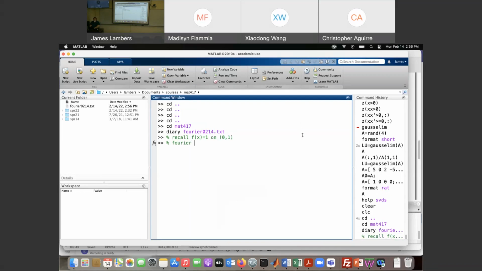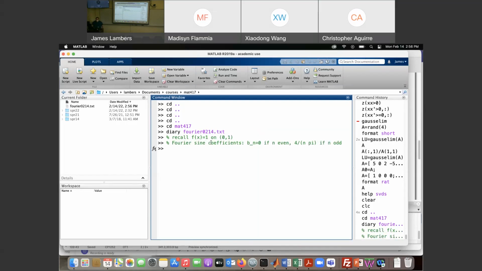The Fourier sine series has coefficients that you worked out in a prior homework problem. So Bn is equal to 0 if n is even, and it's equal to 4 over n times pi if n is odd. So what I'm going to try to do here is compute several terms of the Fourier sine series and plot the result, and let's see what it looks like.